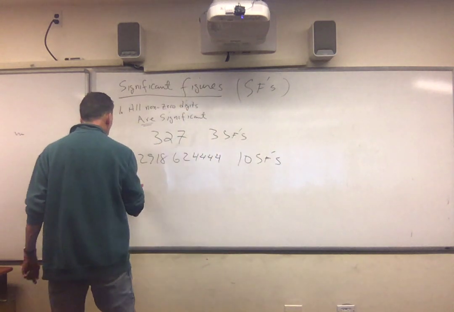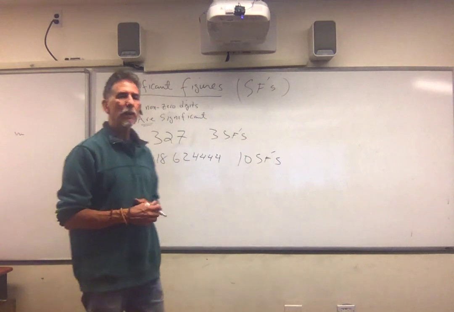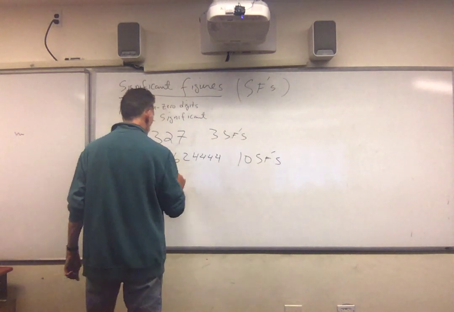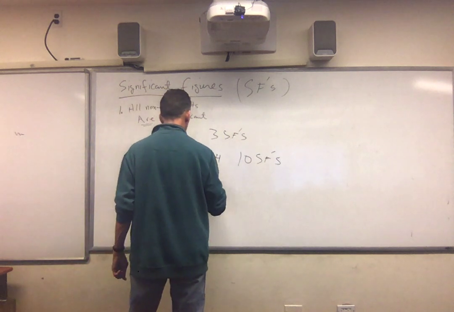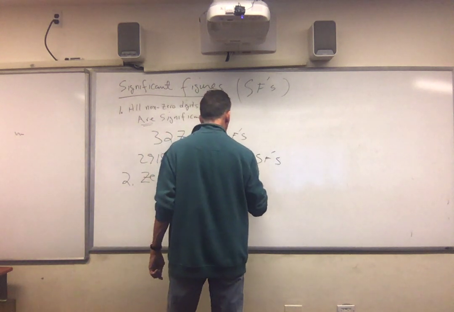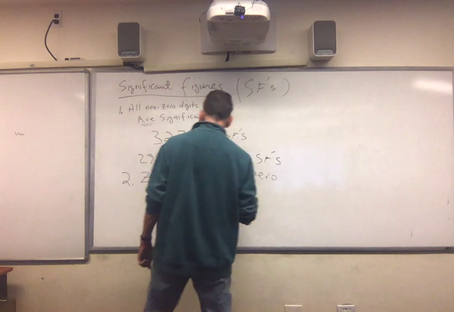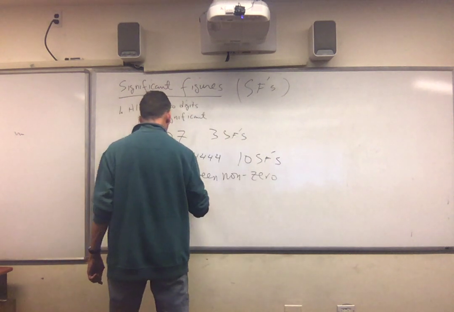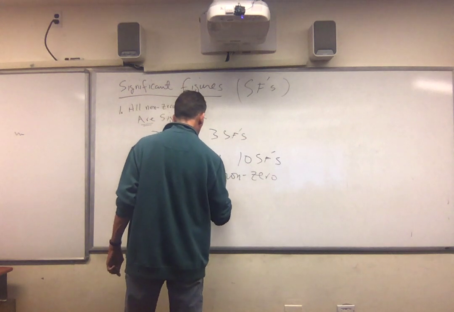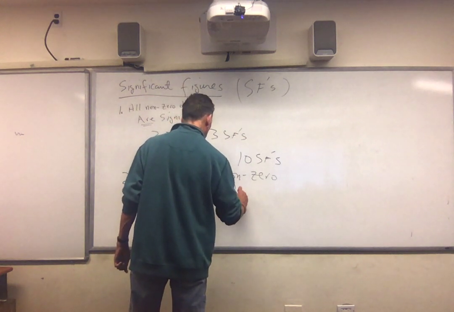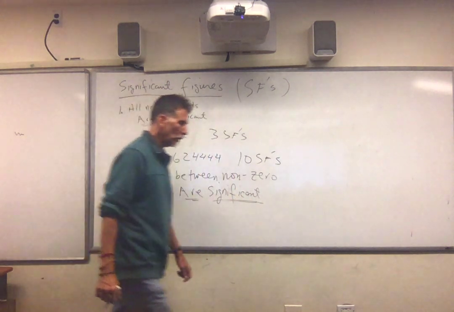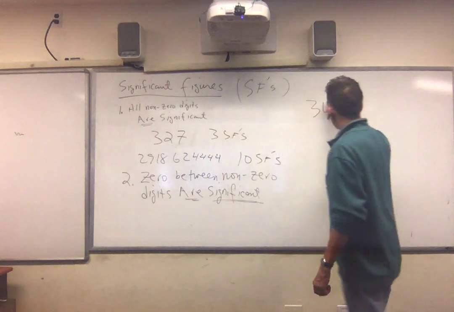Okay. Second, let's see. Zeros between non-zero digits are significant. Okay? What does that mean? Well, let's look. 303.